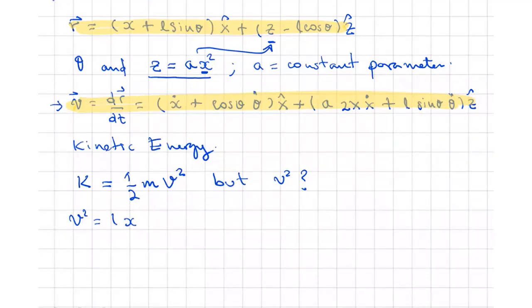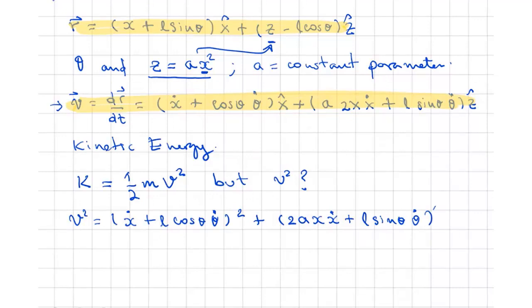It would be x dot plus L cosine of theta dot, squared, plus 2ax x dot plus L sine of theta dot, squared. That is the velocity square.